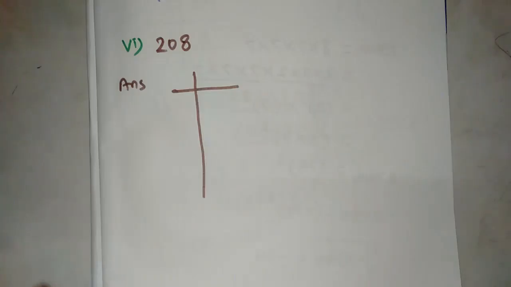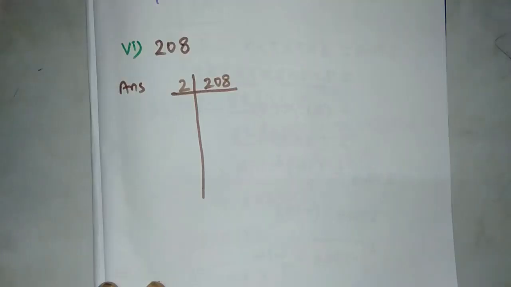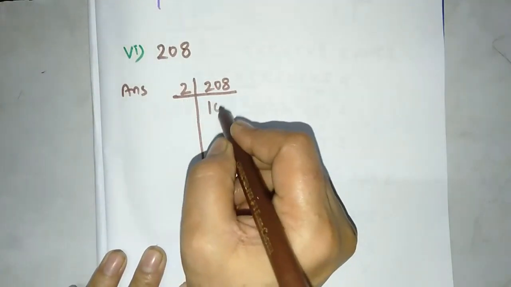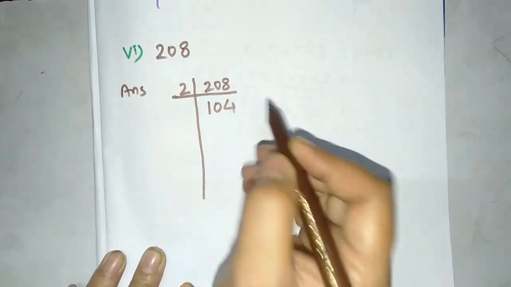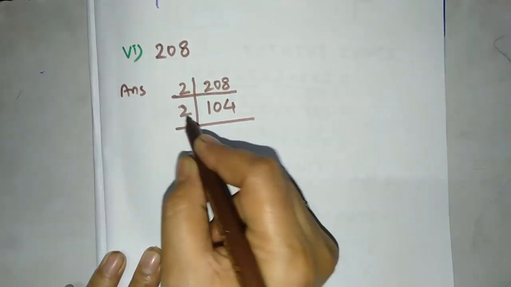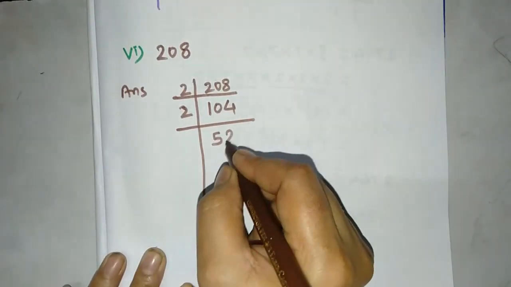Okay. Next is 208. 208, again it is an even number. So start from 2. 2 1s are 2. 2 0s are 0. 2 4s are 8. Again divisible by 2. 2 5s are 10. 2 2s are 4.